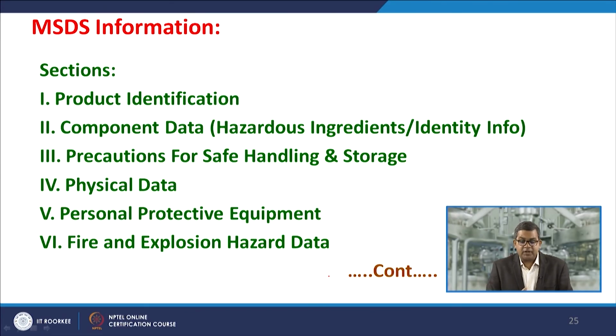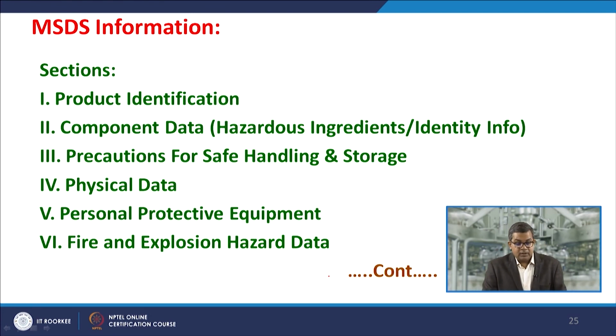In this module, we have discussed MSDS information related to product identification: how we can identify the product and distinguish it, from the chemical name to the family to the commercially available name, and what kind of component data related to hazardous ingredients.